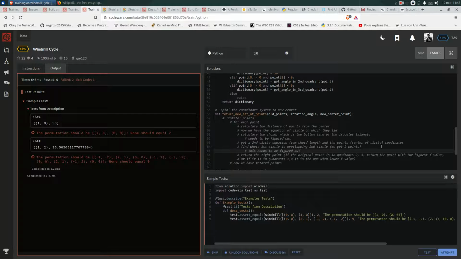Maybe it's better that we do this in our local environment, because this can become really hard to troubleshoot, you know what I mean. So now we have rotated points. Now we'll say move points.